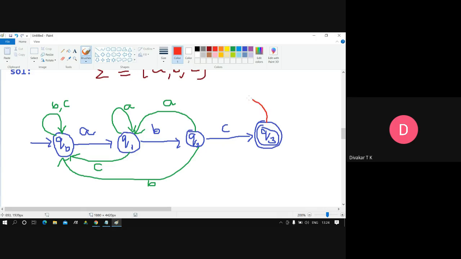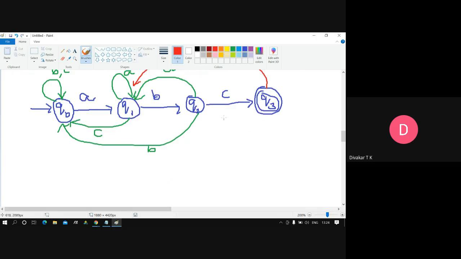So I'll write this part into A here, because I have to push it there. Next, B and C, again a self loop is not possible. You cannot send it here, you cannot send it here. So directly I'll move that part into Q0. That's it.